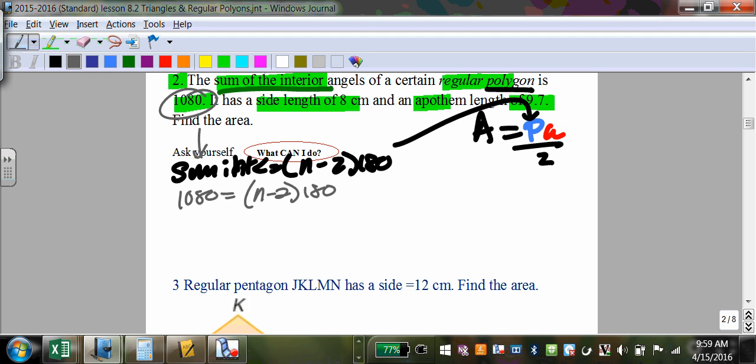Okay, I'm going to freeze this. I want you to solve for n all by your lonesome. And remember, what you're solving for is the number of sides.